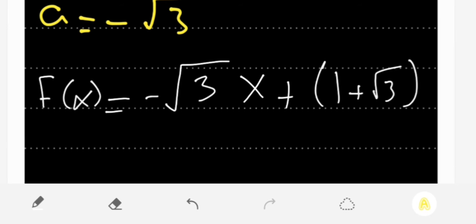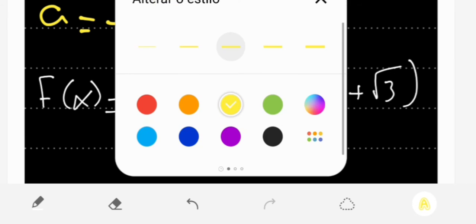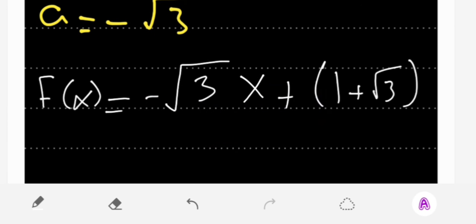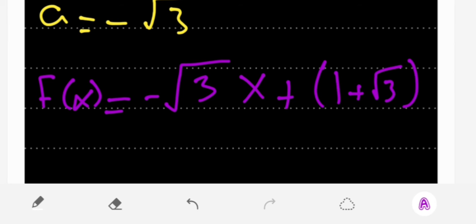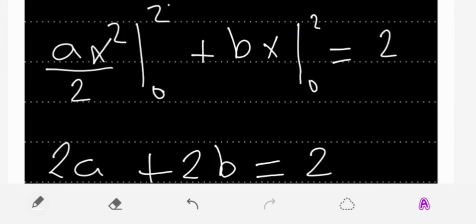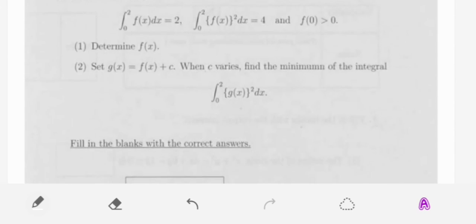So this is our value. Okay, so this is our first answer, the answer for question 1.1.